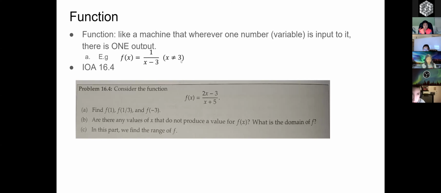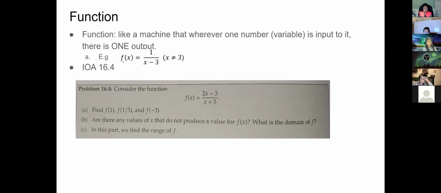And let's start by doing a problem just to get familiar with it. So f is the abbreviation of function, right? So f of x is basically a machine with a variable of x, and the rest of it will be just algebra.